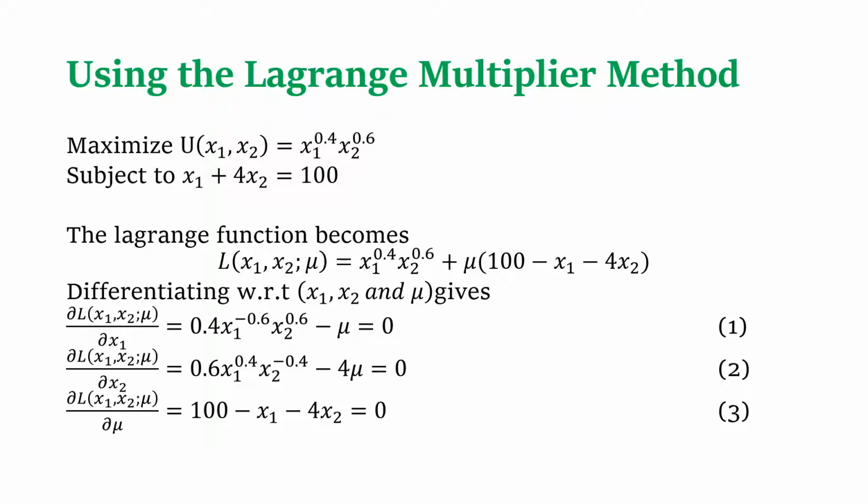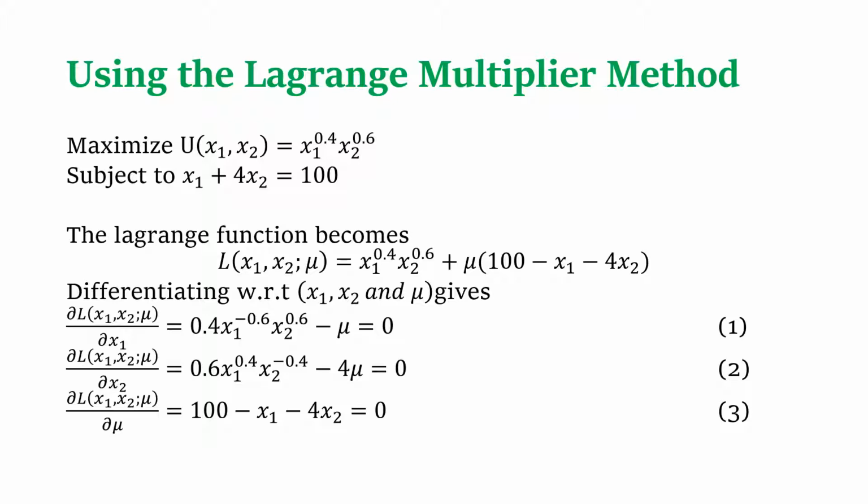Now we know the budget constraint is x1 plus 4x2 equals 100. And so when we introduce the Lagrange multiplier there, all we need to do is to transpose all the variables to the other side of the equation. And that becomes 100 minus x1 minus 4x2 equals 0, right?